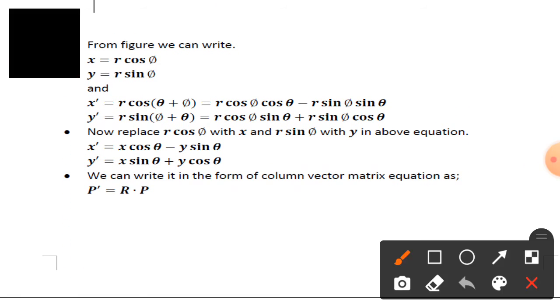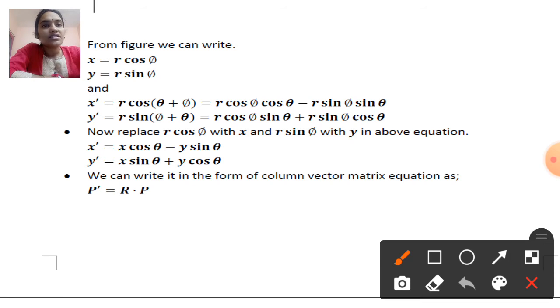Now we replace r cos φ with x and r sin φ with y in the above equation. Okay.